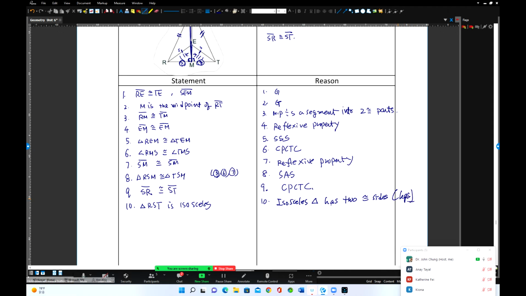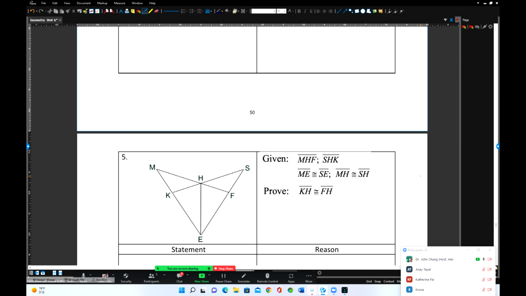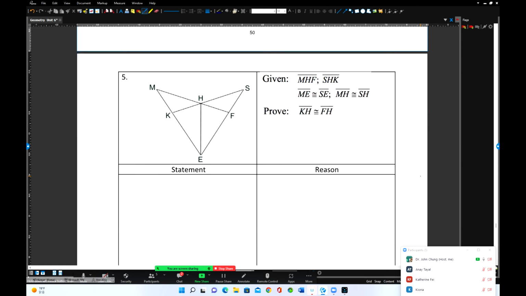It's okay too. That's why this triangle is isosceles. Yeah, that is 2 congruents.